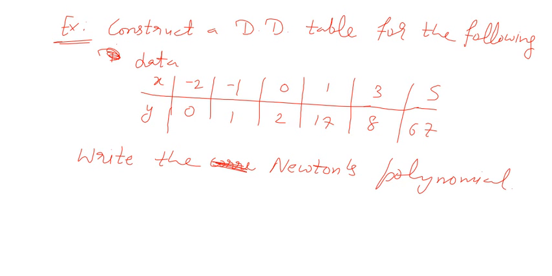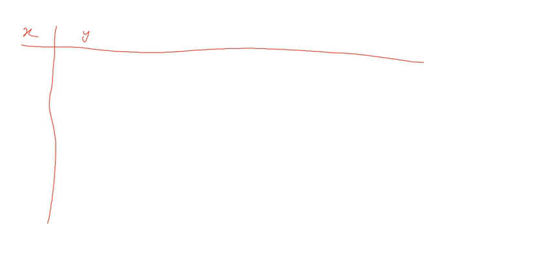Okay, so we will directly write the divided difference table, and we will directly try to extract all the divided differences in a sequence. So you have x and y.